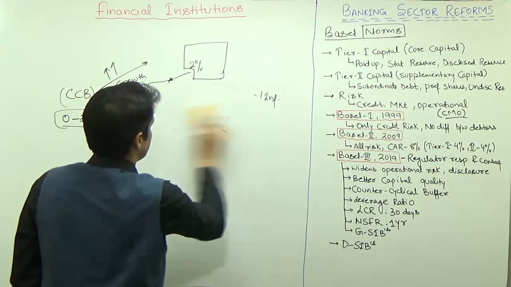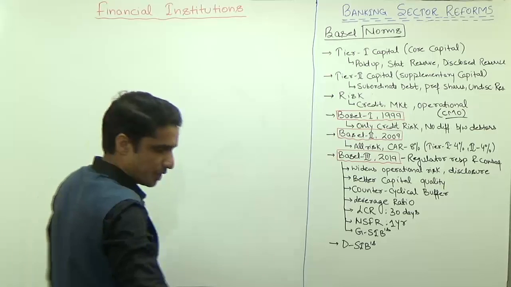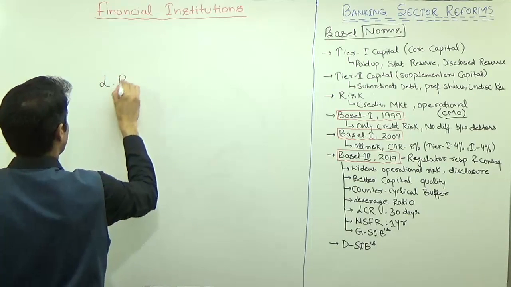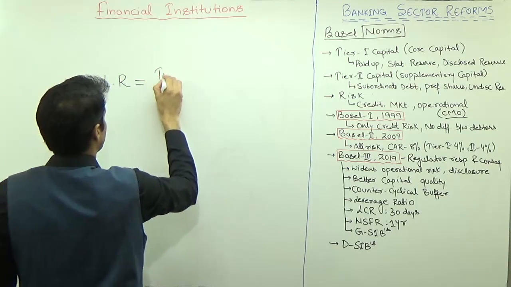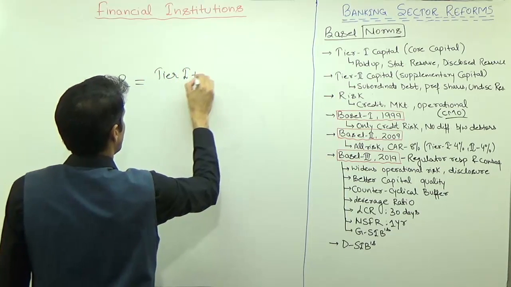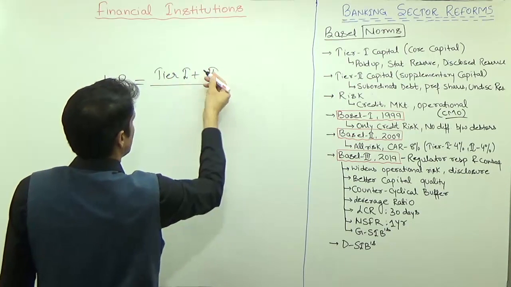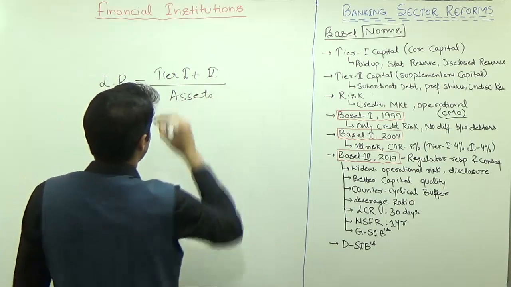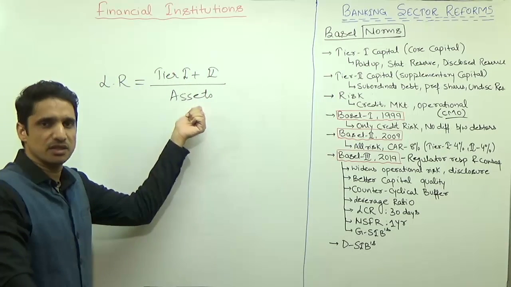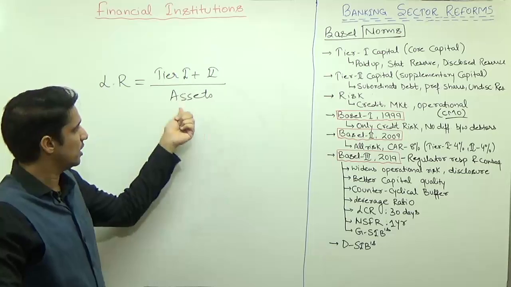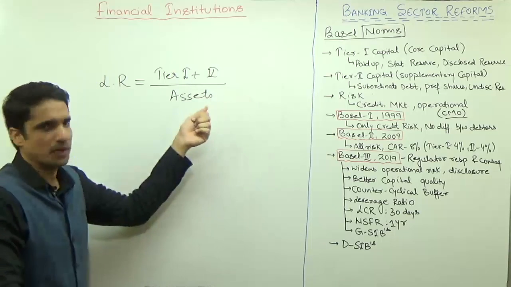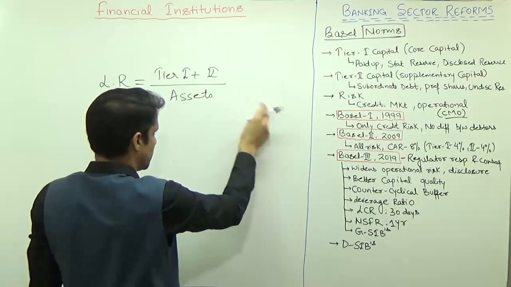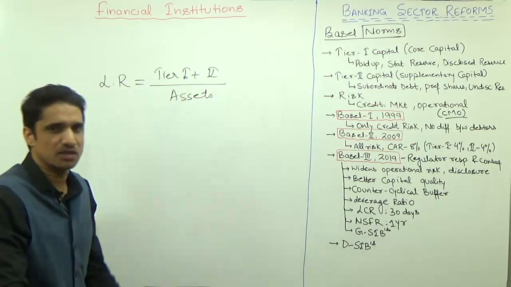Then we have a new concept that is known as a leverage ratio. So we discussed capital adequacy ratio, and that capital adequacy ratio is nothing but the tier 1 capital plus the tier 2 capital upon risk weighted assets. But if you are dividing this tier 1 and tier 2 upon total assets without weighing it, without taking the average of the risk profile, whatever amount you are lending, multiplied by whatever the risk that is associated, taking the average, that is known as risk weighted assets.